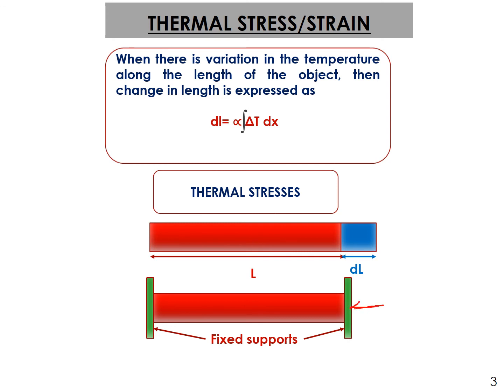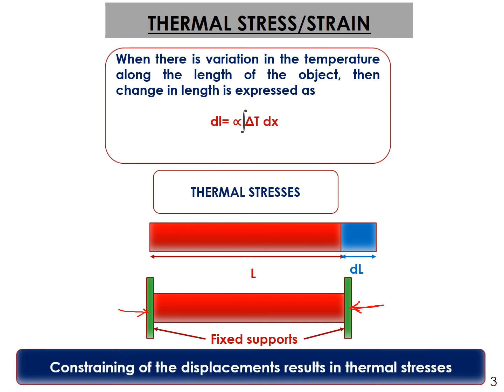This will act, which will try to push it back. So let it be on both sides. So that is how the equilibrium is maintained. So the thermal extension is countered by the mechanical extension or the mechanical loading. So that is how thermal stresses are induced within the material. So constraining of the displacement results in thermal stresses.